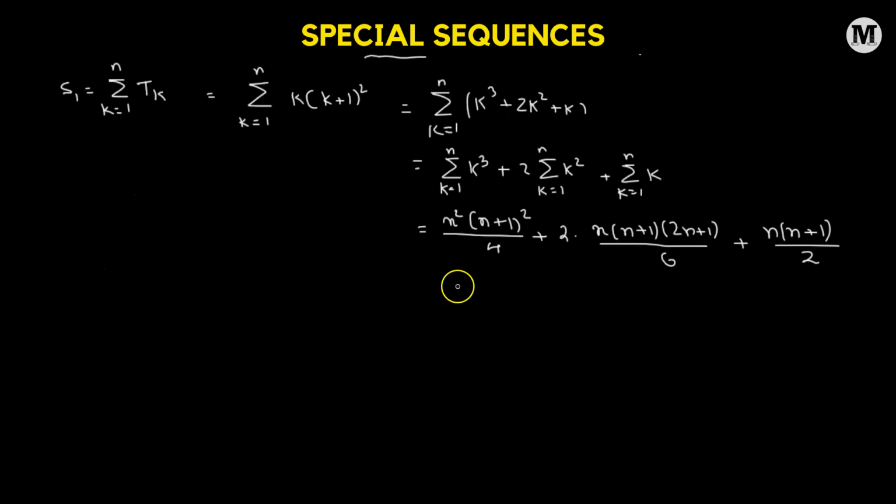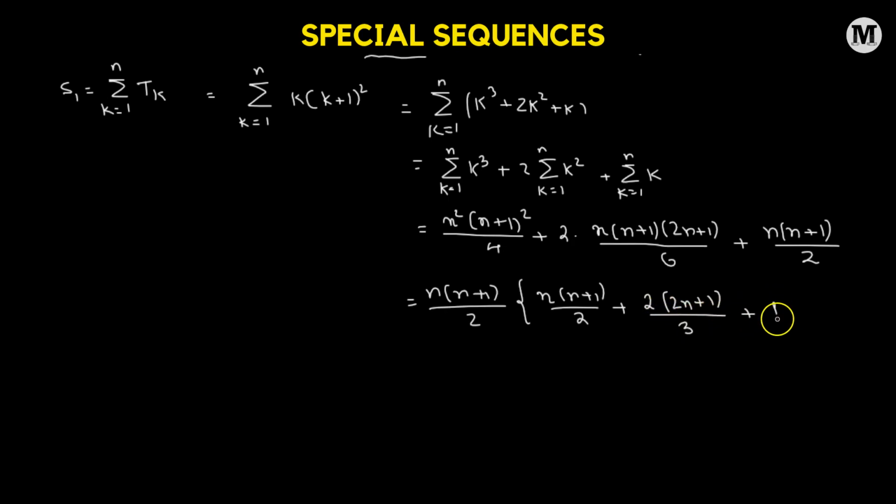Fine. So now from each of the terms, we're going to take n multiplied by (n plus 1) over 2 as the common factor. That means this is going to get multiplied by n times (n plus 1) over 2, added to 2 times (2n plus 1) divided by 3, added to 1.